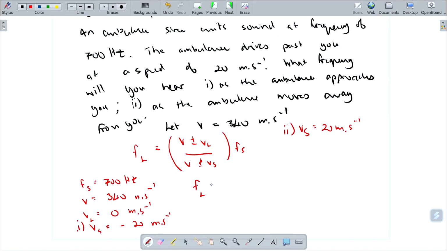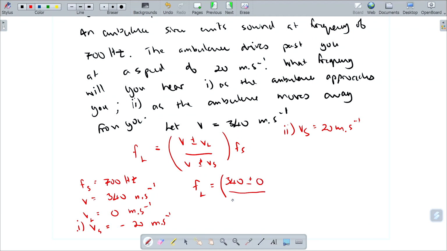First of all, we want to find the frequency that you are going to hear by using this equation. So we'll see fL. We've got the equation there, so let's substitute the values in. The velocity of the sound is 340, and you are stationary, so your velocity is 0.